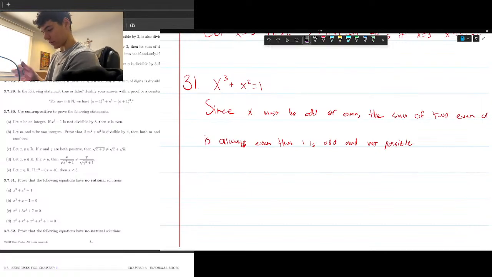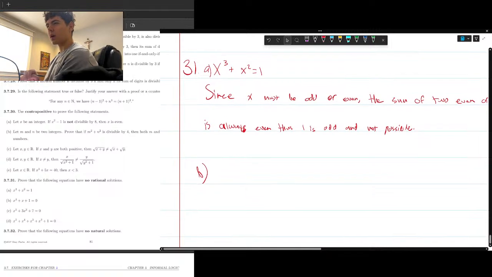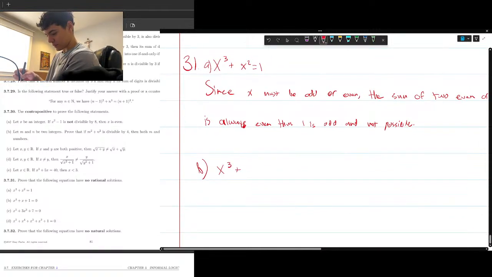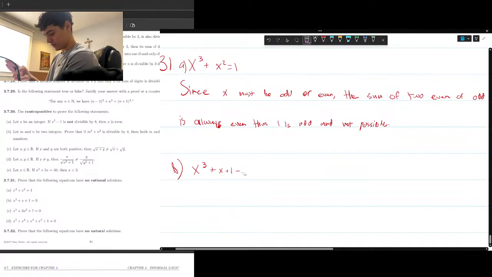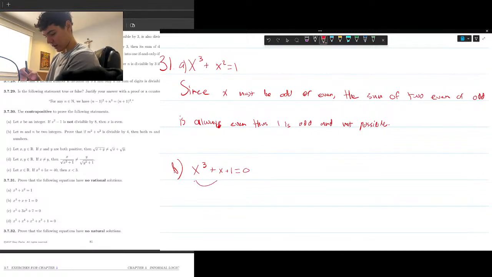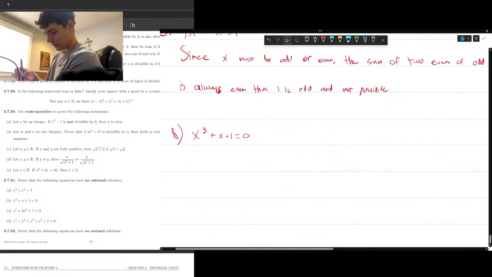32. Oh, my bad. 32. This was A. B. x cubed plus x plus 1 equals 0. Okay, so in the case that x is odd, we have odd plus odd is even. So it's the same thing again.